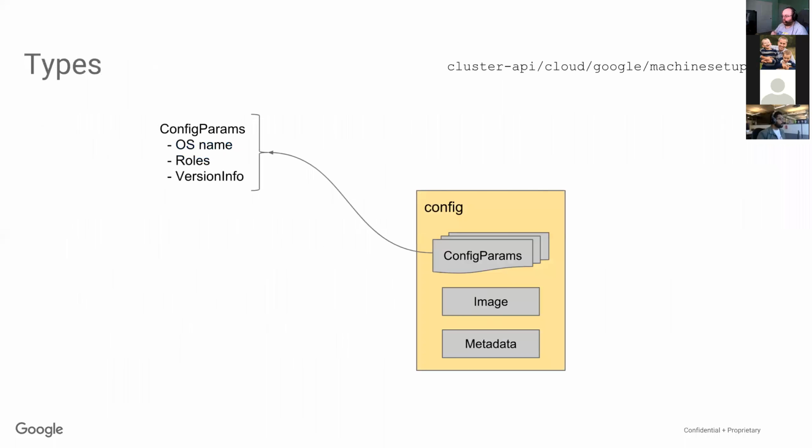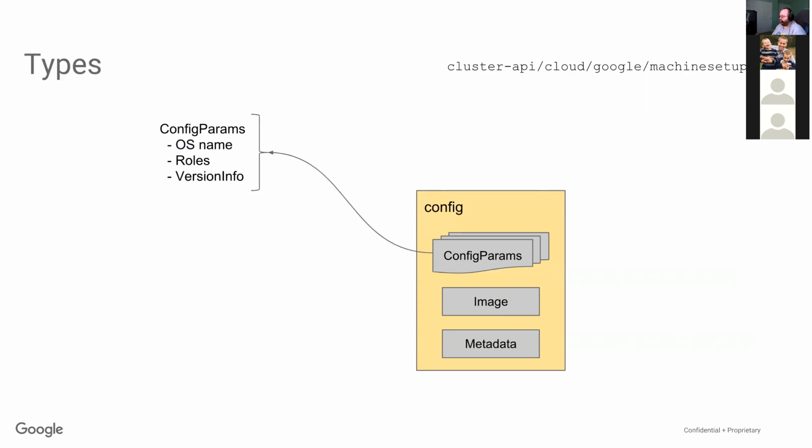Right. So to achieve all this, I added a few types. They live in this machine setup package here. The base type is the config. So it has a slice of config params, an image, and the metadata. And right now the metadata just contains the startup script.